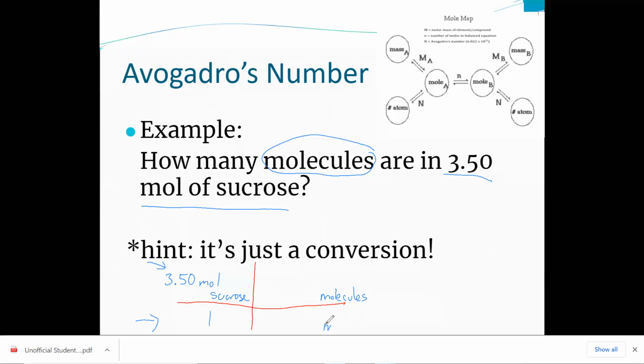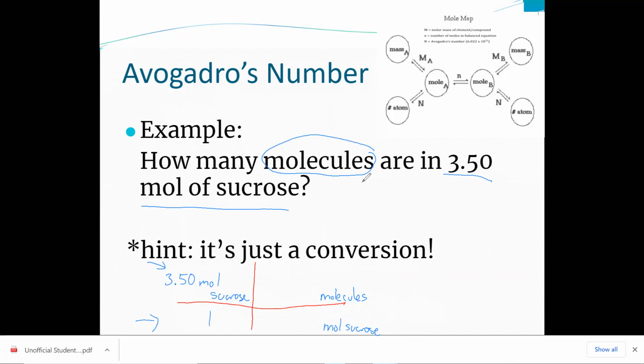So in this case, moles of sucrose is going to be our unit there. Because when you do that multiplication and finally divide, this unit here will cancel out with that unit there.